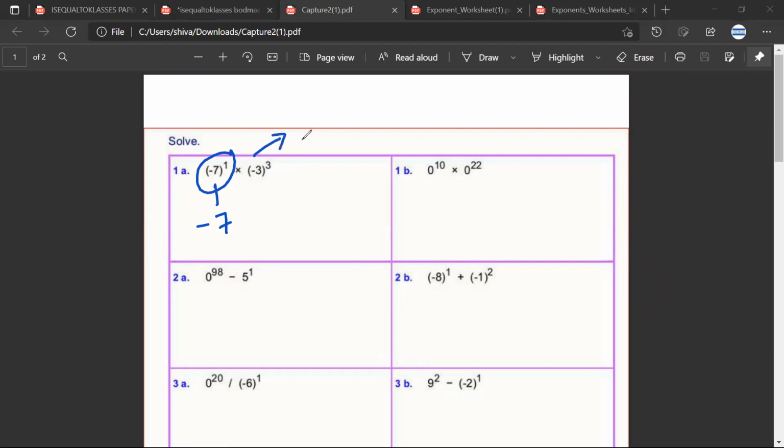This would be equal to minus 3, minus 3, minus 3 is equal to minus 27. Any doubt? No, sir. Minus 7 into minus 27. Would the answer be positive or negative? Positive. Any doubt about this? No, sir.